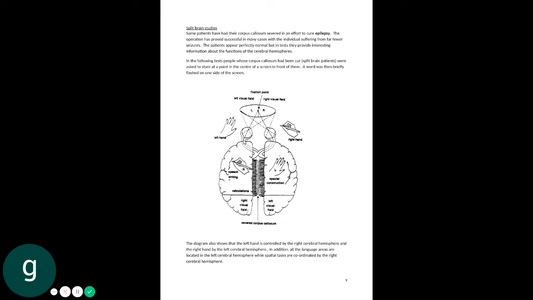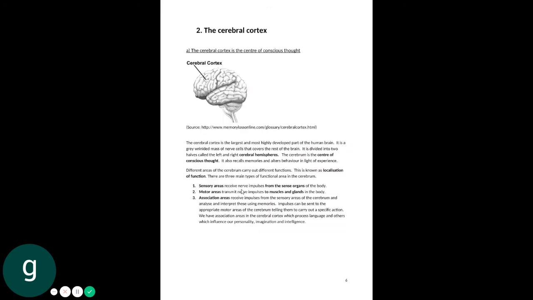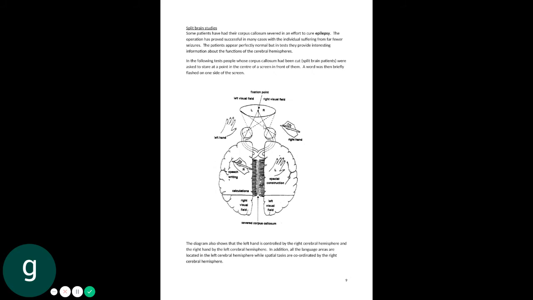For us, if we close our left eye and look at a word with our right eye, so for example, I close my left eye, I can just about without my glasses read where it says right visual field. That information goes in through my right eye to the left side of the brain. Now, because of localization of function, the fact that different parts of the brain do different jobs, I can understand that.